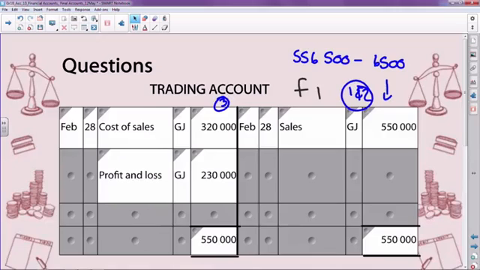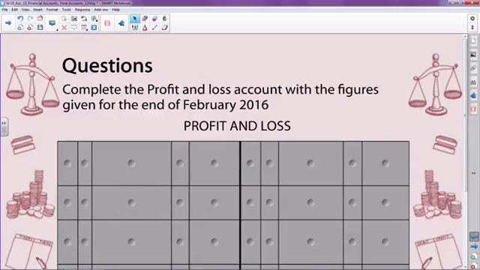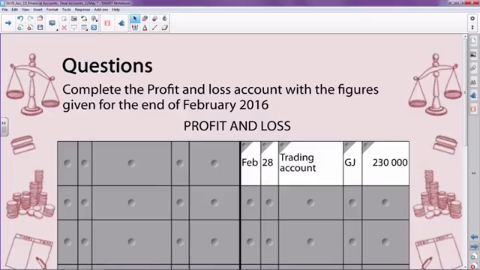So let's see. Your very next question is, I'll show you the question. Complete the profit and loss account with the figures given for the year ended February 2016. Now, remember, just to close off your fourth step, your trading account will be reflected on the side, and I'm going to give you a tip.